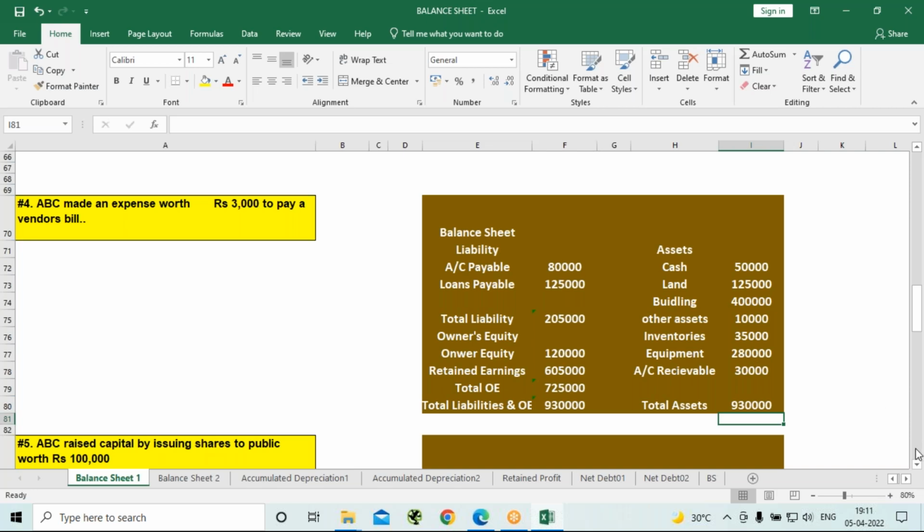So here we have paid an expense. That means we have paid, so it is going to be through the cash only. So we are going to minus 3,000, and here we are going to reduce because we are clearing the vendor's bill. So the accounts payable is going to get reduced. Okay, so the balance sheet is balanced.